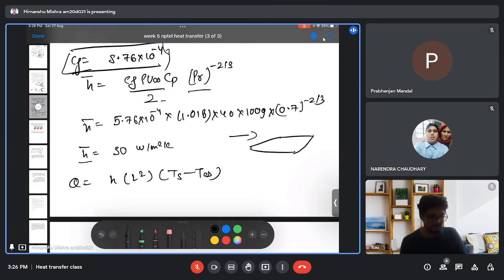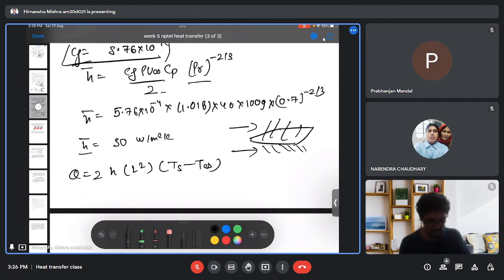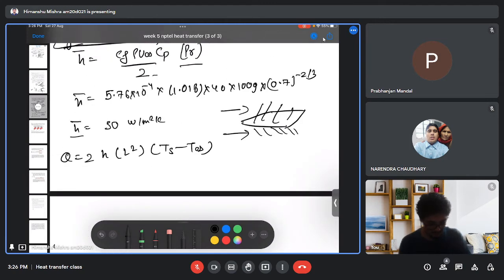That means there is a flow here at the top of this plate as well as the bottom of this plate. So we need to find the heat transfer here as well as at the bottom. So we will multiply this expression with 2. We already found the heat transfer coefficient here, which is 30, and the area is given as 0.2 multiplied by 0.2.